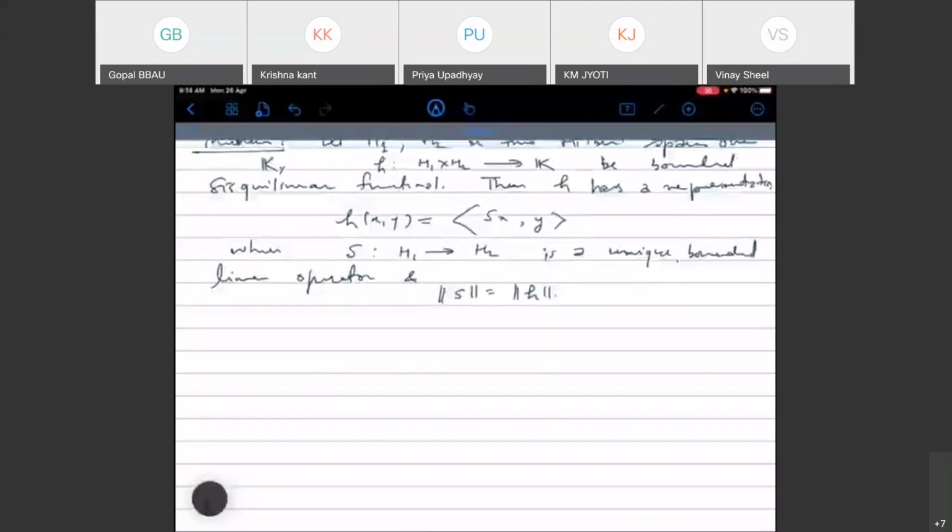So this is what you have already seen in Riesz's representation theorem, and the proof is also easy.